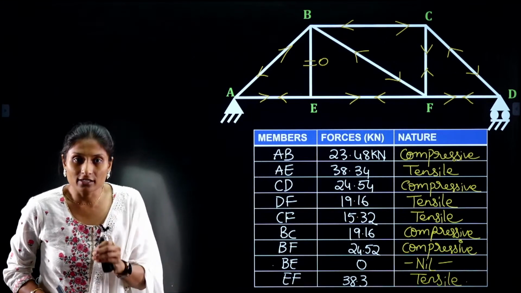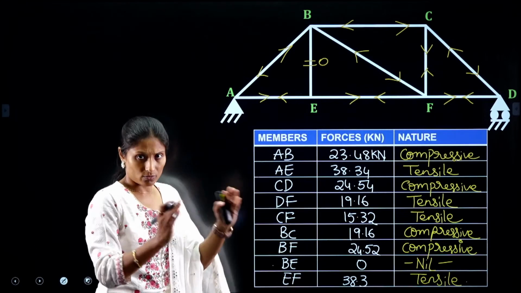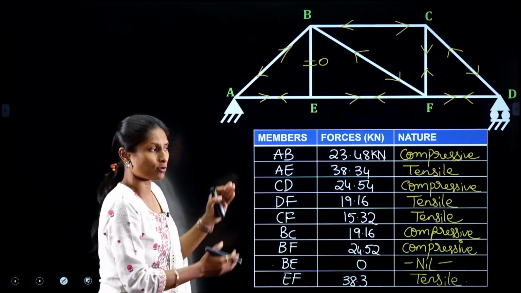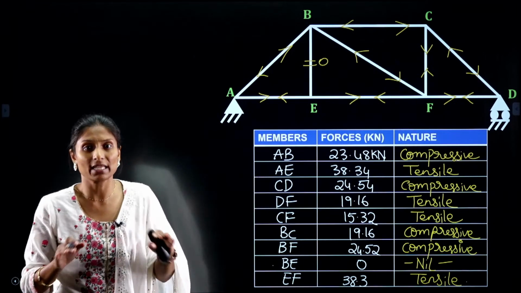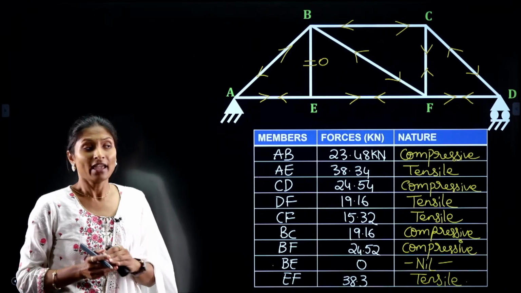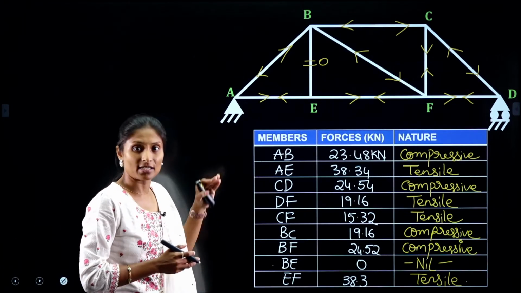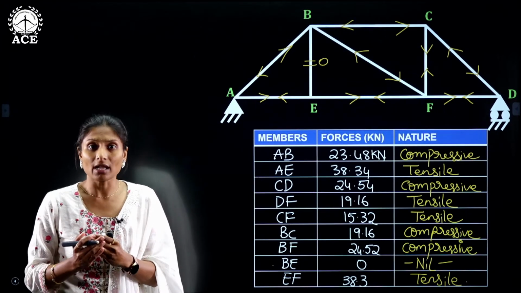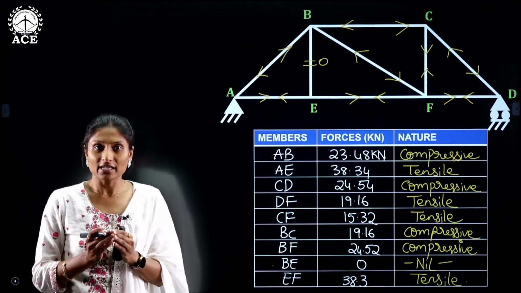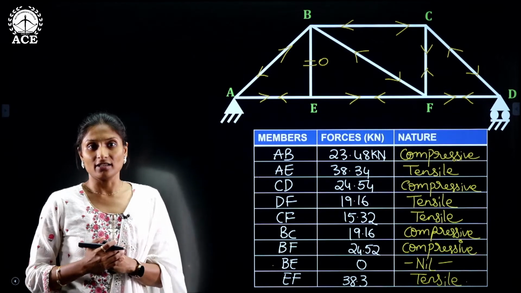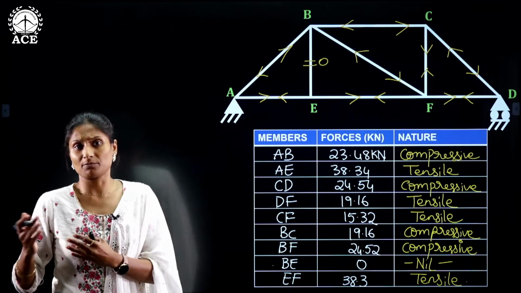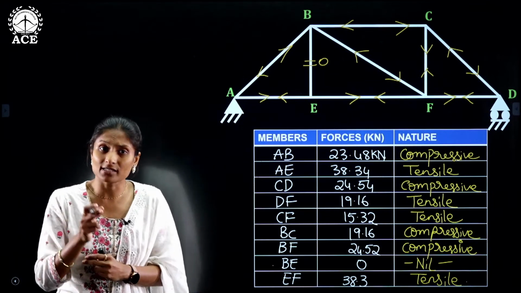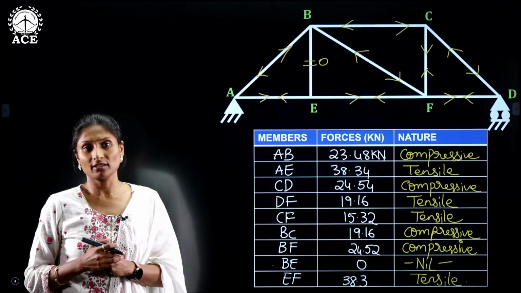If you solve the problem and if you present all the forces and the nature of forces in a tabular form, it completes your problem. If you represent the same thing in the same way in your long answer question, you will get the score very easily. Many people think that problematic subjects are difficult to score, but compared to theory subjects, problematic subjects are very scoring.